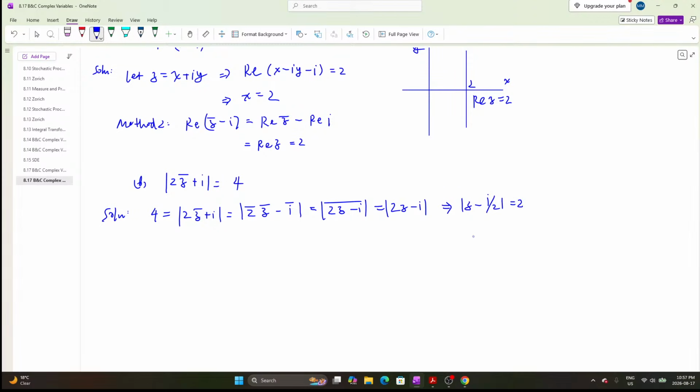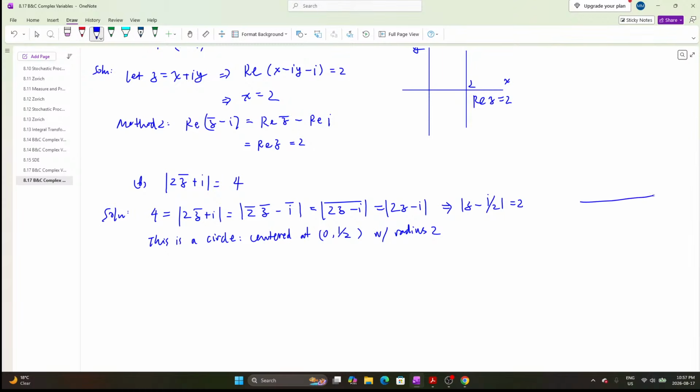Now you have the perfect geometric form, which says the distance between z and the point half i is 2. So this is the circle centered at the point half i, which is (0, 1/2), with radius 2.